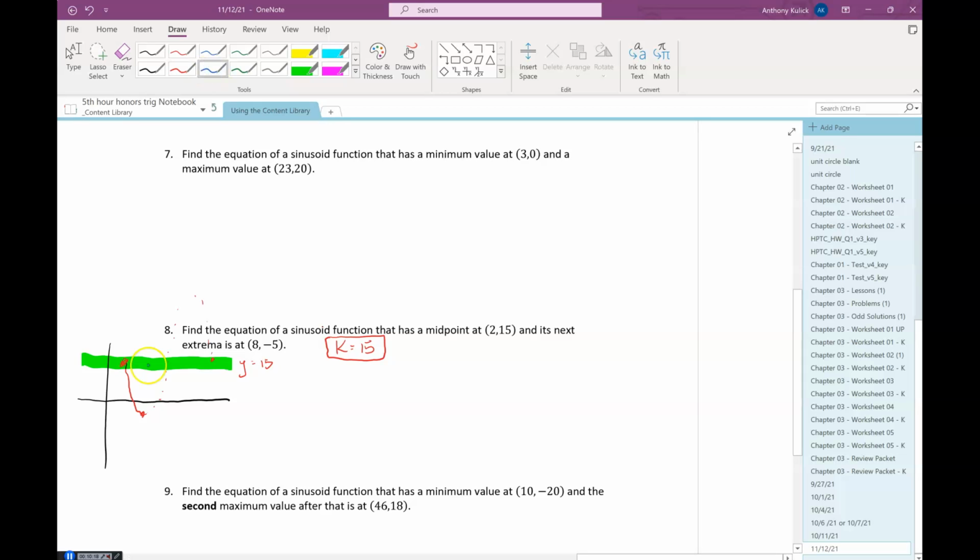The next thing I'm going to do is find the amplitude, which is basically this distance. If I go from 15 down to -5, that's 20 units. And again, that's an amplitude, so it's absolute value. We'll figure out the sign for that in a moment. So far, so good.